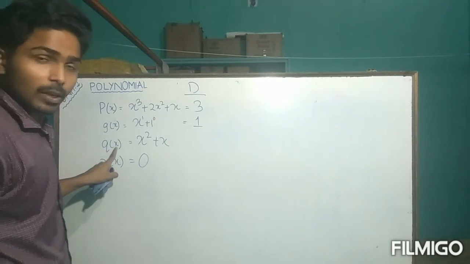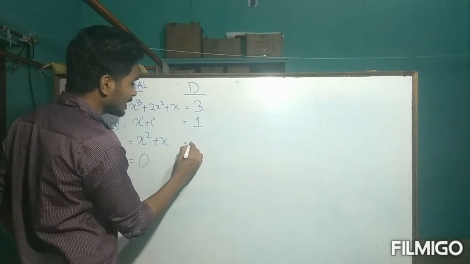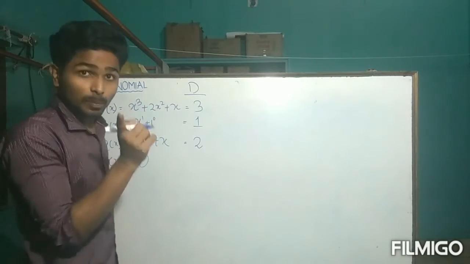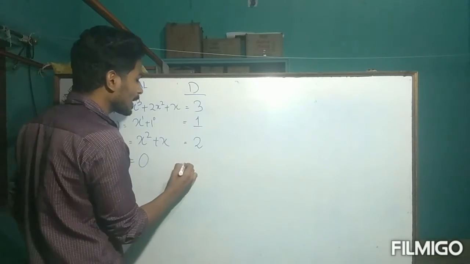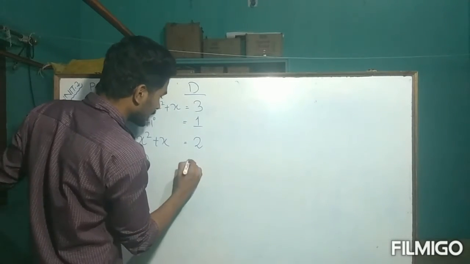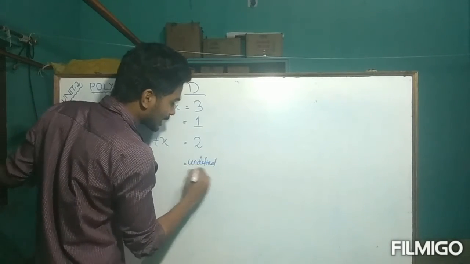For the quotient q of x, the highest power is 2, hence the degree is 2. But r of x is 0, a zero polynomial. As we know, we cannot determine the degree of the zero polynomial, so we write it as undefined. So this is one case.